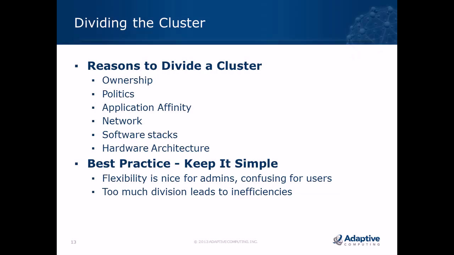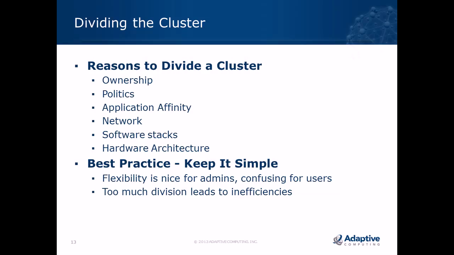So the best practice when you're trying to decide how to divide a cluster is to keep it as simple as possible, obviously. Don't introduce more than you need to introduce. While some things might be nice for admins, they're really confusing to end users, and vice versa. So too much division leads to inefficiencies.